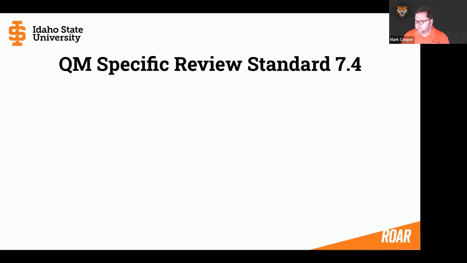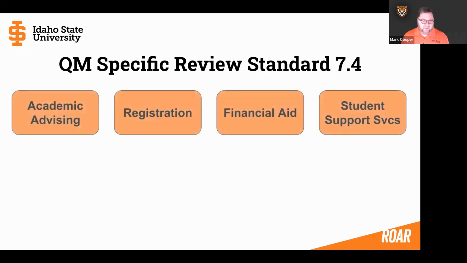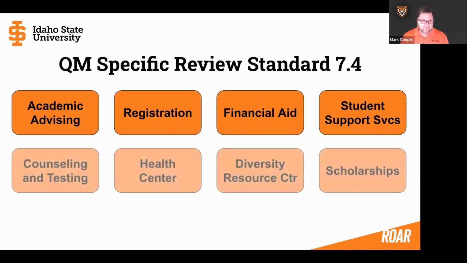And some of these services include advising, registration, financial aid, and student support services, as well as counseling and testing, the health center, the university's diversity resource center, and information on scholarships. And so this information would include a description of the service, as well as contact information on how students can get in touch with these different departments.